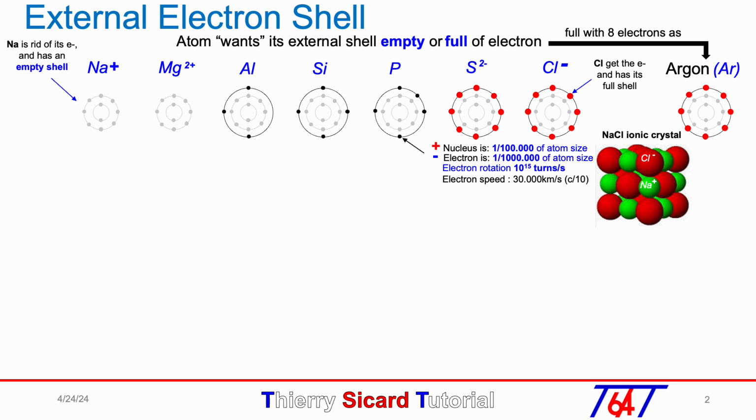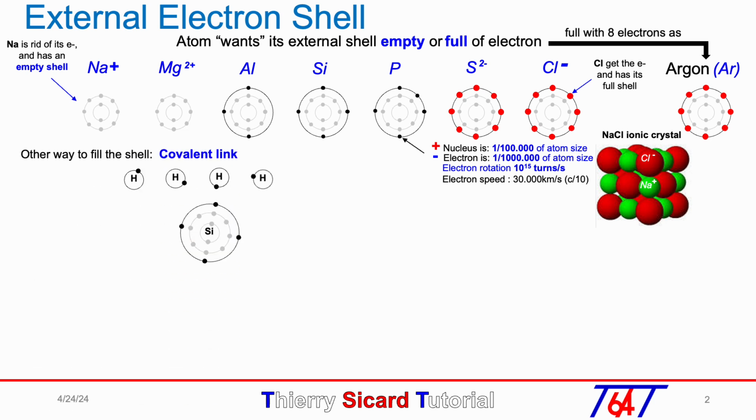But this electron exchange does not work anymore when we reach the silicon with its 4 electrons on the external shell. In this case, nature invented another solution, which consists of sharing electrons between different atoms, as for example when 4 hydrogen atoms share their unique electron with a silicon atom.